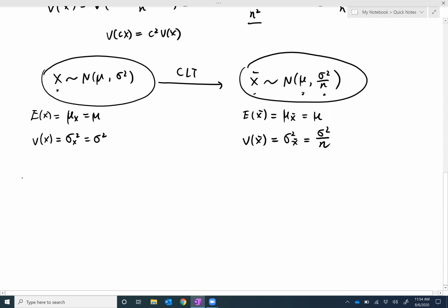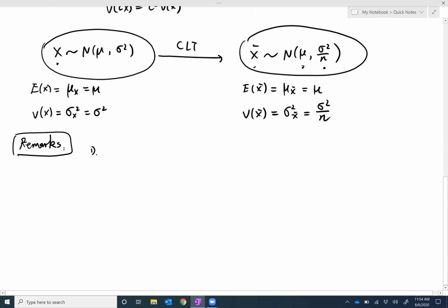Now, there are some remarks about the central limit theorem. Let's have a look at those remarks first. You see we have x1, x2 to xn.